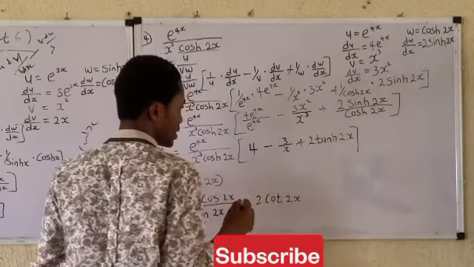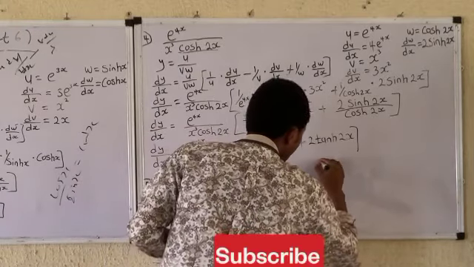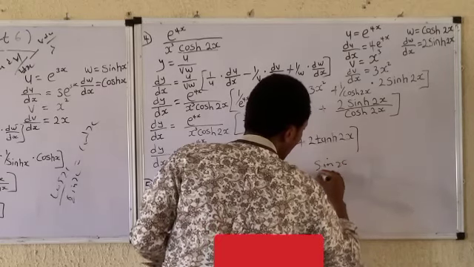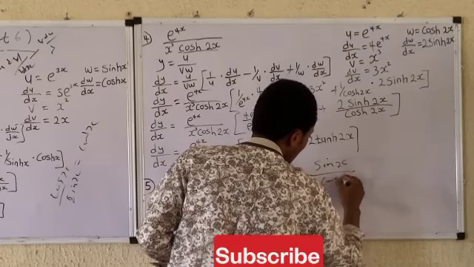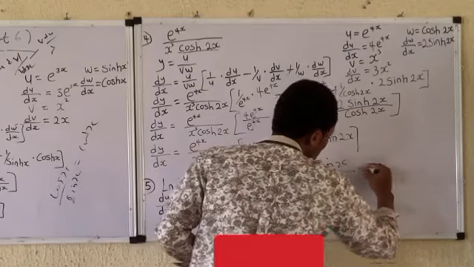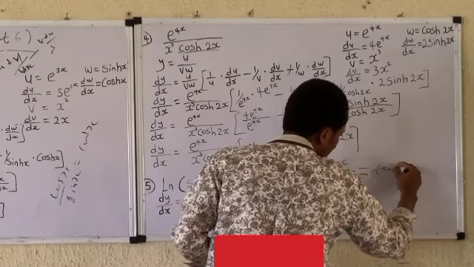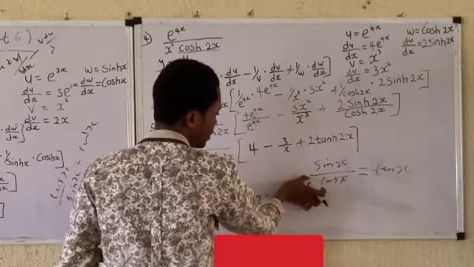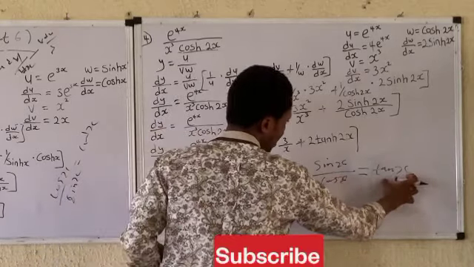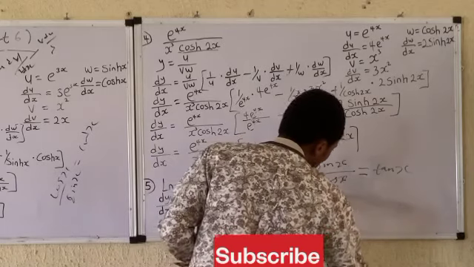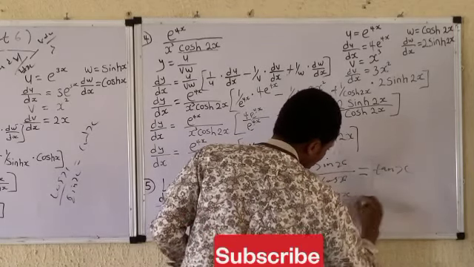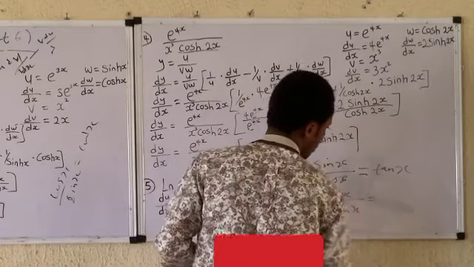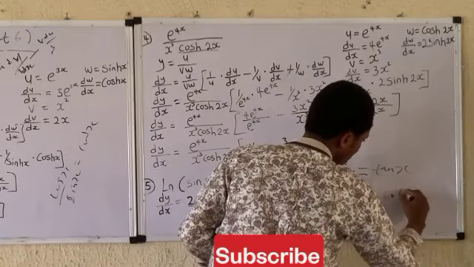Now, remember that sin x over cos x will give us tan x. Please don't forget, sin x divided by cos x will give us tan x, while cos x over sin x, according to trig, will give us cot x.